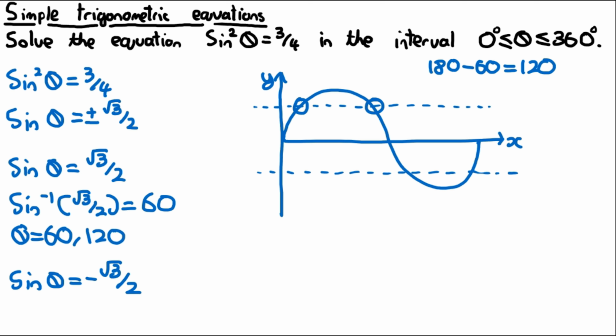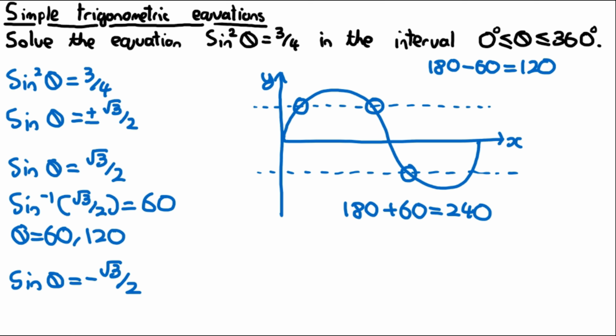The distance between this point and this point is the same as the distance between this point and this point, which remember is 60. And we know that this is 180, so therefore this point here is going to be 180 plus 60, which if you put into your calculator is 240.